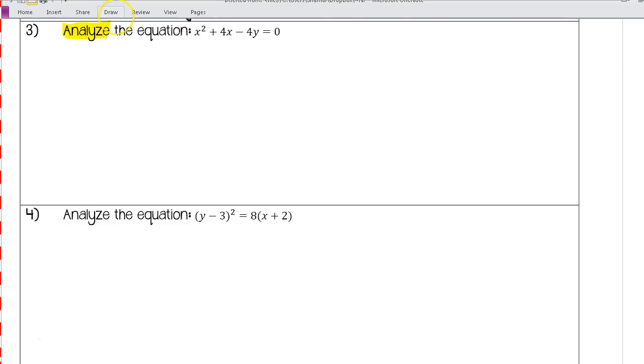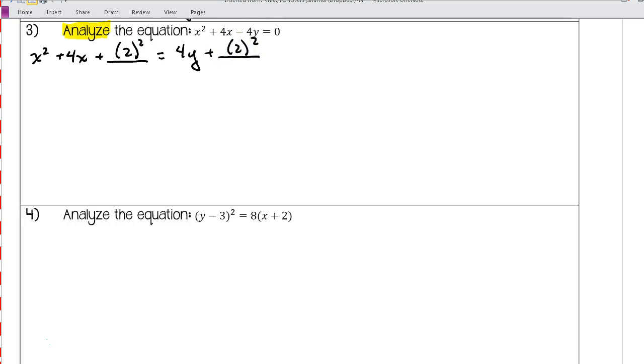So let's start with the standard form. We can see we've got x squared, so we're going to leave that on the left. So we have x squared plus 4x. We're going to have to complete the square, so I'm going to leave a space there, plus something. When I move that to the other side, I get positive 4y, and whatever we add on the left, we'll have to add on the right. So we're going to have to take half of 4, so that's 2, and square it.